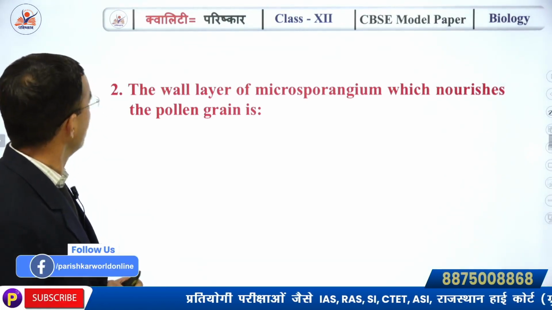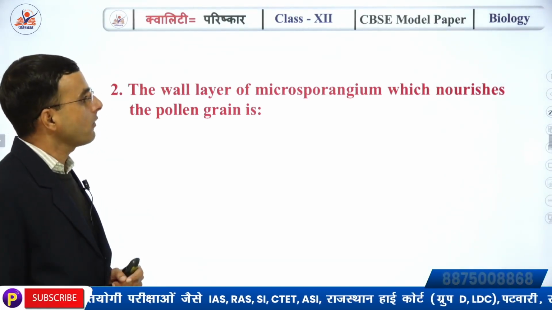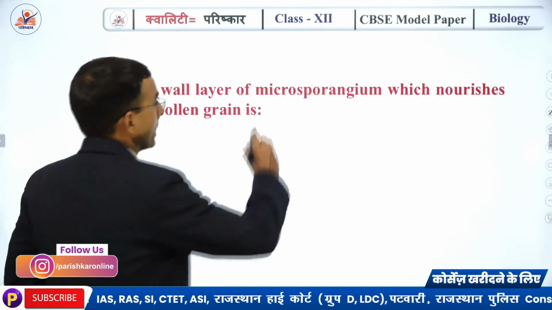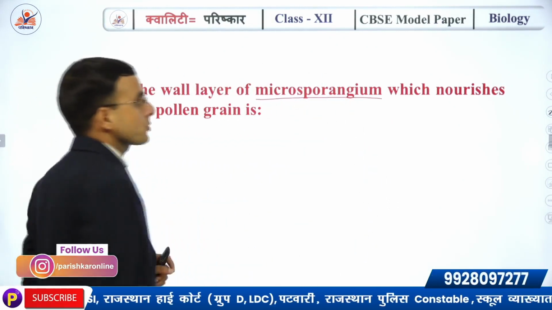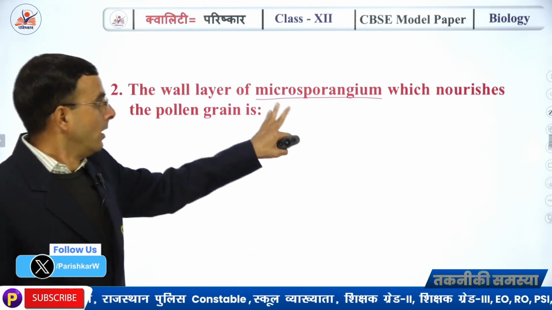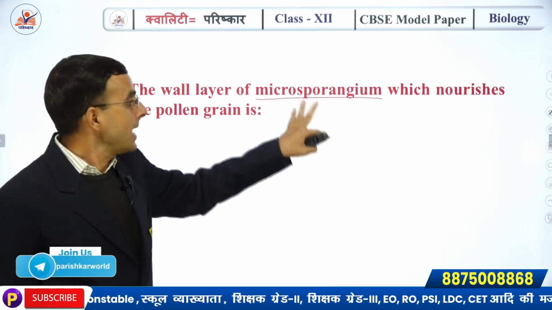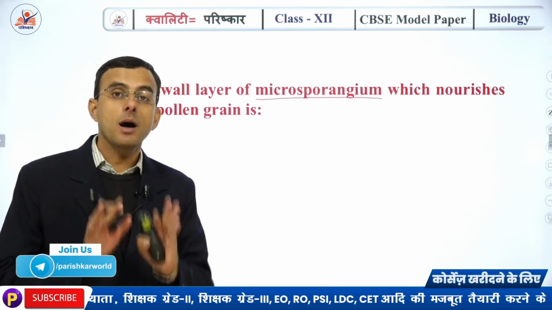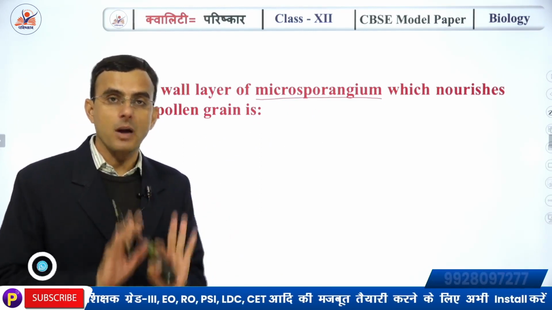Now the second one is the wall layer of microsporangium which nourishes the pollen grain. Look at this one. Microsporangium means we are talking about the male development in the flower.